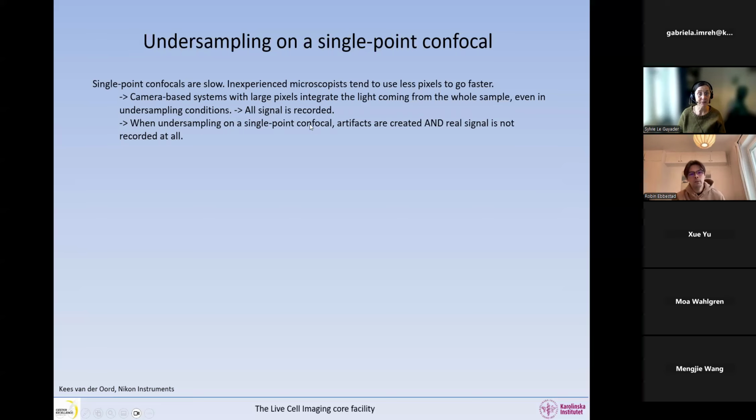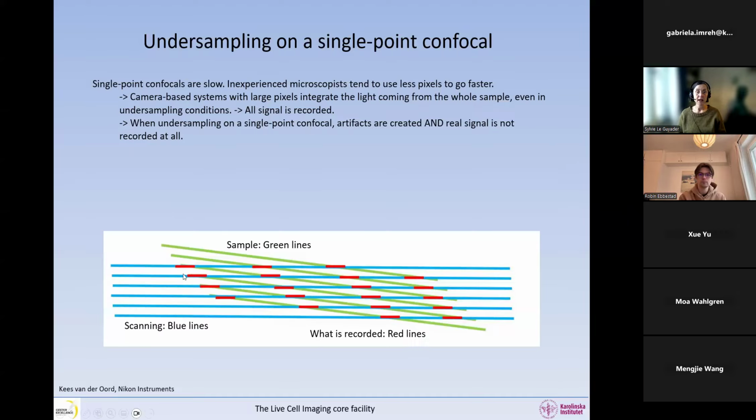We're actually jumping between spots, and whatever is between the spots, we're not measuring. So we can miss things, and we can create artifacts from this as well. So you can see here, for example, if I have a sample that looks like these green lines, and now I'm scanning with my single point confocal along these lines here, but I make big pixels because I want to go fast.